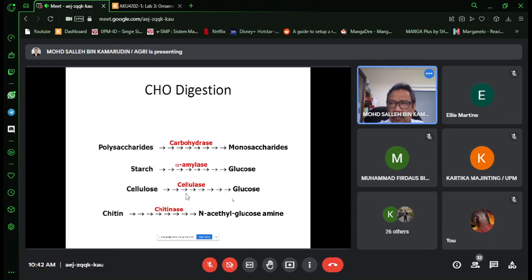And apa lagi selain daripada itu, we found that the mud crab, the Scylla serrata, dia dan lain-lain itu dia ada cellulase dalam dia punya hepatopancreas tu, dan ini boleh menyebabkan crab ini boleh menggunakan cellulose.